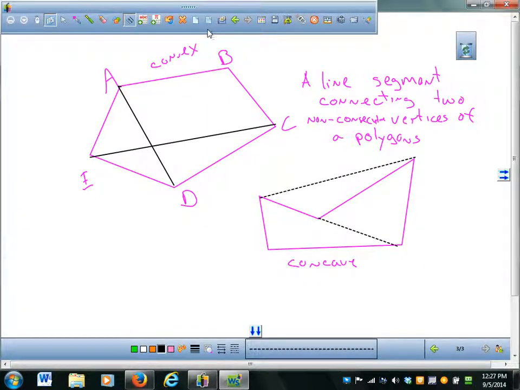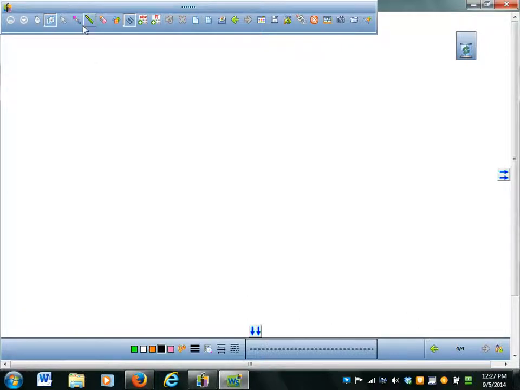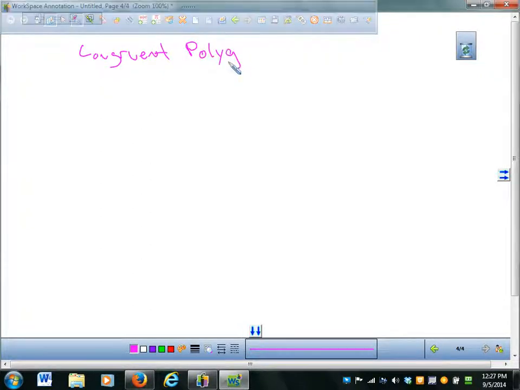So congruent polygons. Sorry about all these definitions, but we've got to do them. I'm going to draw a picture of congruent polygons.